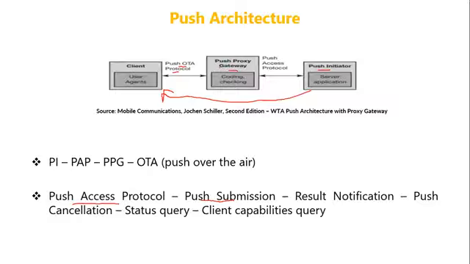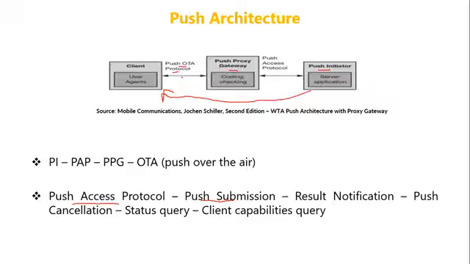If the message reached the client, if the client deleted the message, if an error occurred at the client, or if the message arrived too late, all this information is part of result notification. Because push is sending the message to the client, whether the client has got it or not, or it went with a delay, all that information it will send to the push initiator.